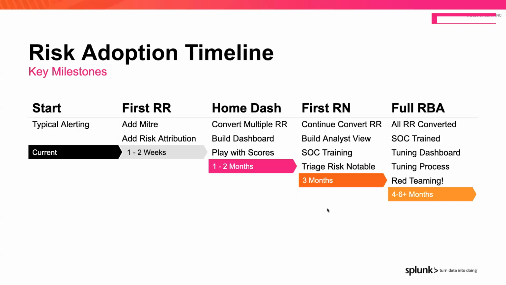So the latest, I just heard today, the latest iteration of the SA-RBA has a tuning dashboard in it, which helps keep track of your risk rules. And I haven't played with it, but I've seen some screenshots, and that would have been hugely helpful for me at Children's Mercy. So take a look at that.